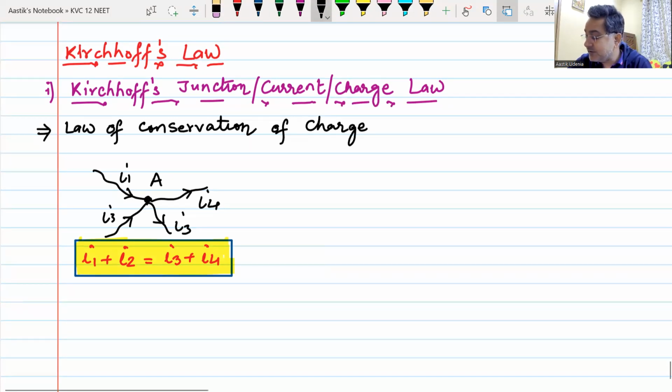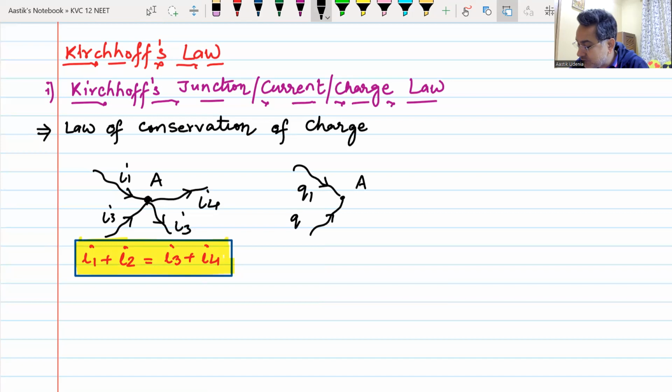You can also write it in this way. If A is a junction, Q1 charge is coming from here, Q2 charge is coming from here, Q3 charge is going out, Q4 charge is going out.